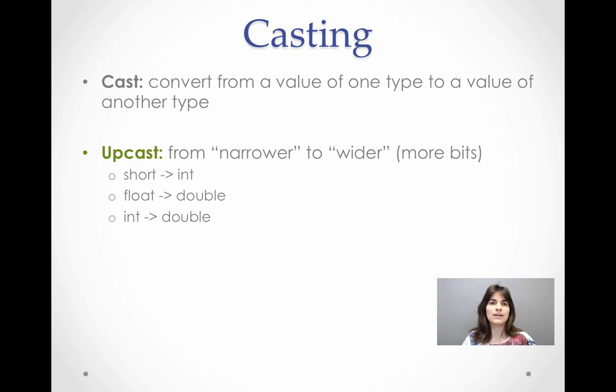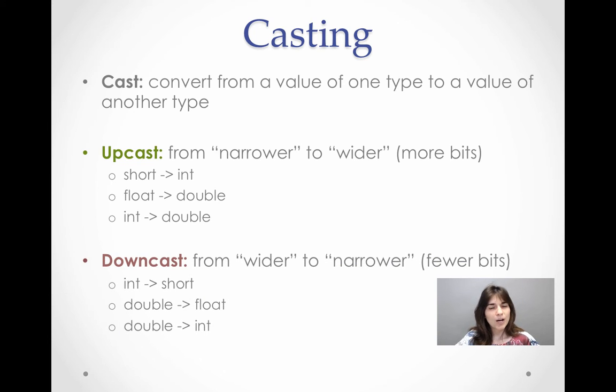And here what we are counting is the size of the representation. How many bits are we using in order to represent a particular value? For example, if we are going from a short that is represented with 2 bytes to an int that is represented with 4 bytes, or if we are going from a float to a double. These are examples of upcasting.